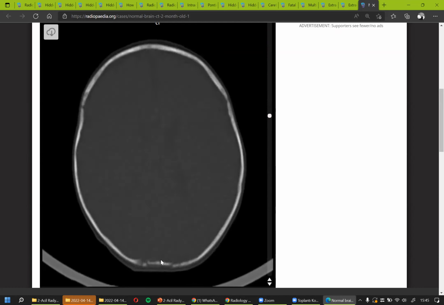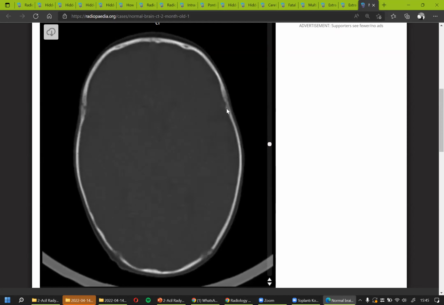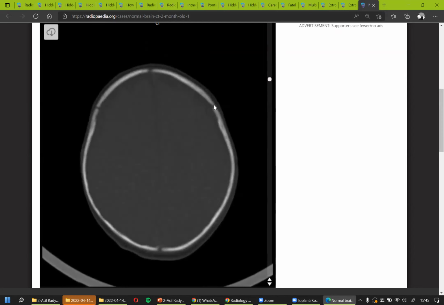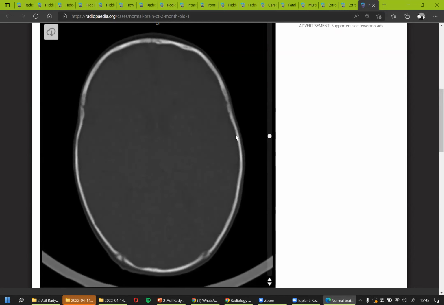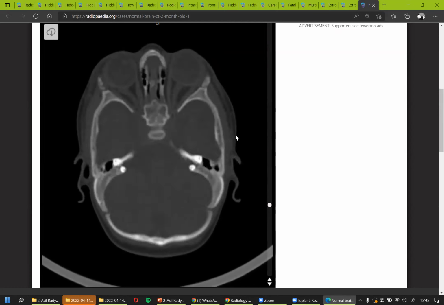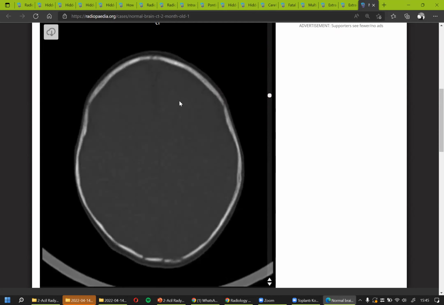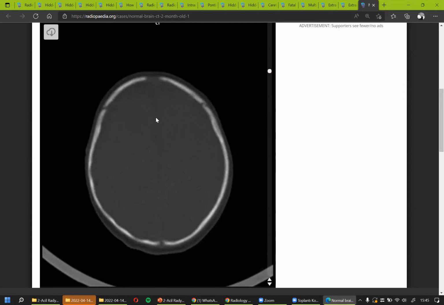And even if that's the case, they usually diverge in a symmetrical manner. Like frontoparietal sutures are usually pretty much symmetrical, right? So these are the two things I can use to differentiate a fracture from a suture: it should be on the midline first, and it should be symmetrical. If it is symmetrical, then it's probably a suture.